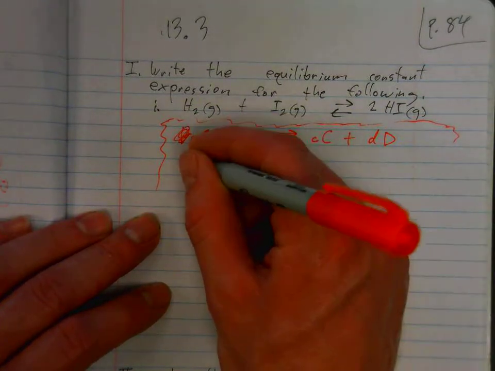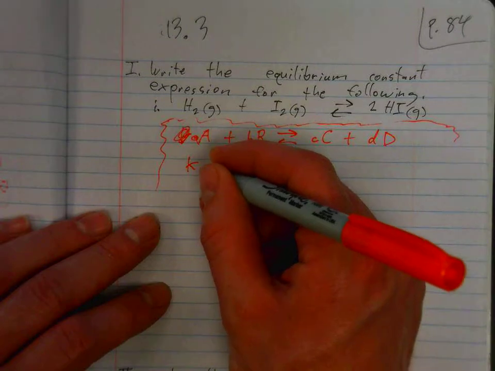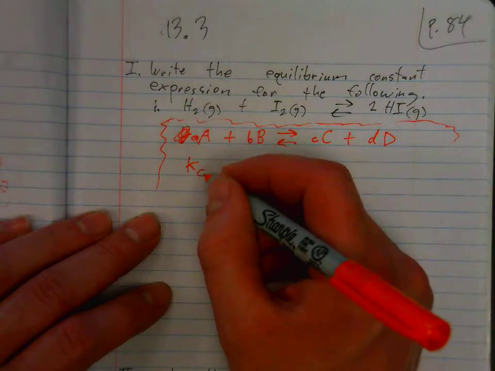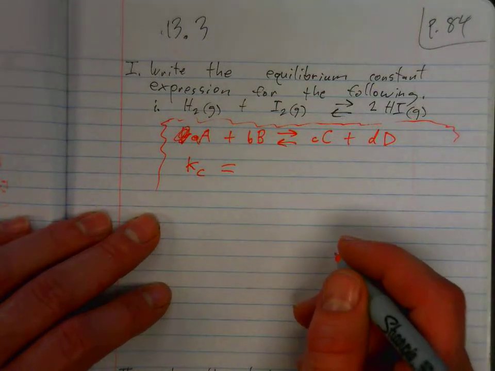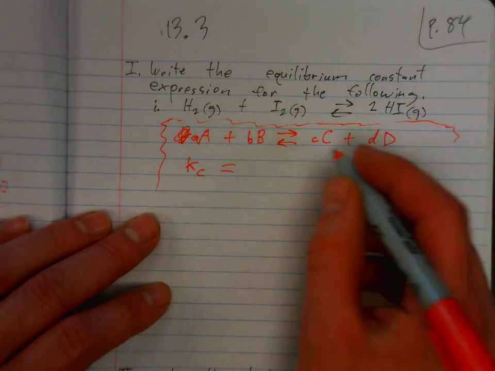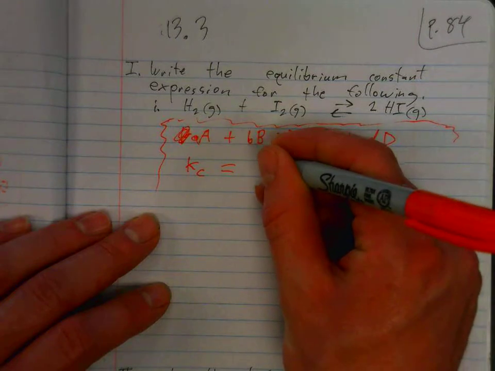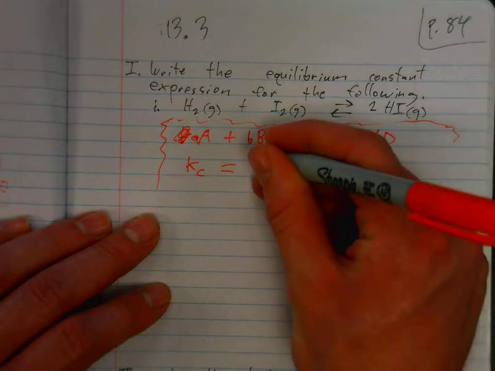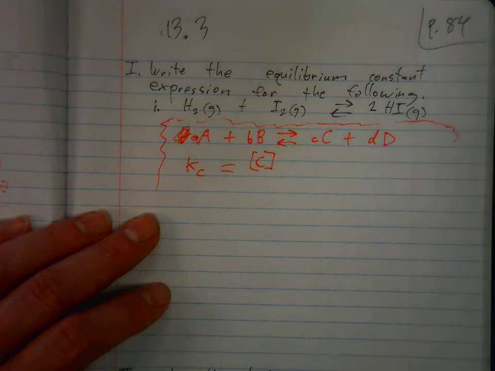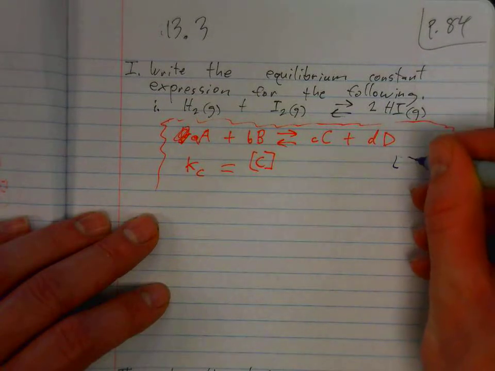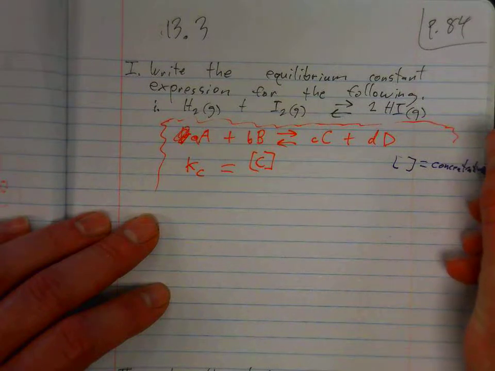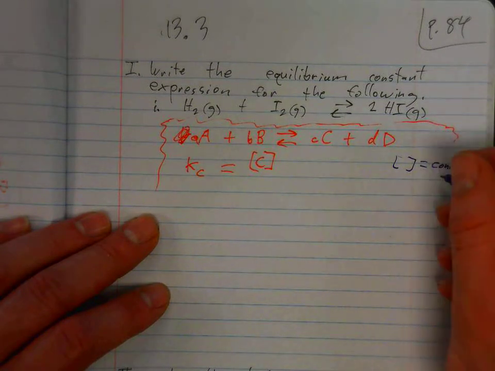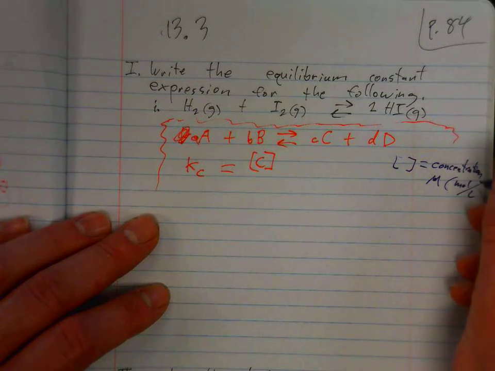The equilibrium expression, which is shown with the symbol Kc, so the equilibrium constant Kc, is equal to the concentration of the products, so that would be C, and brackets mean concentration in molarity, moles per liter.